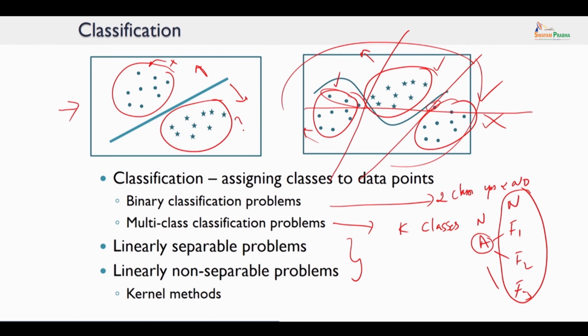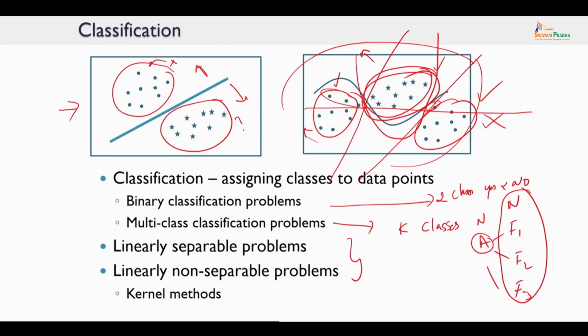However, when you look at nonlinear decision boundaries, there are many functional forms that you can look at and then see which one works. For example, one could come up with something like this, or something like this, and so on. So there are many possibilities. Which of these possibilities you would use is something that the algorithm by itself has to figure out. Since there are many possibilities, these become harder problems to solve.